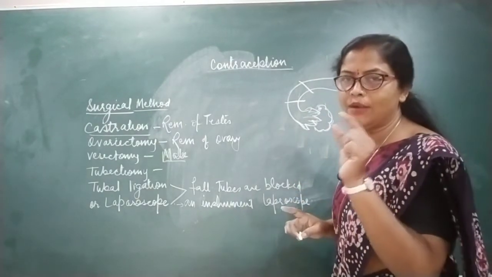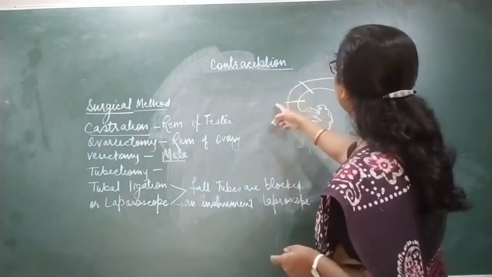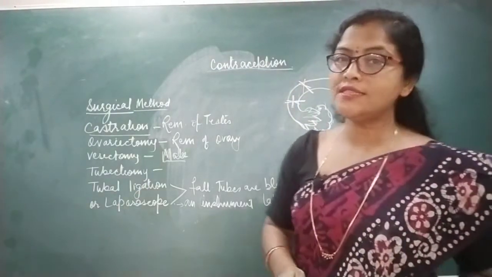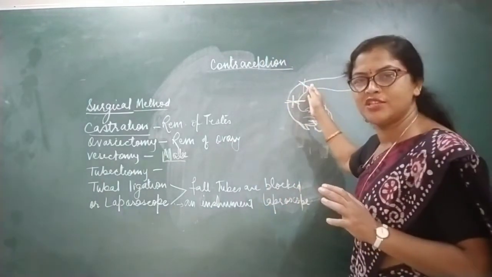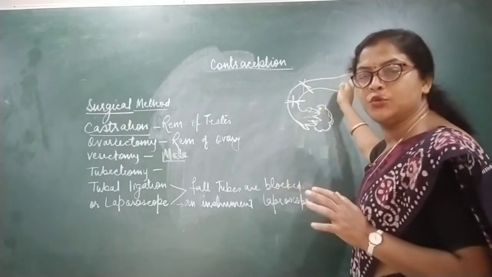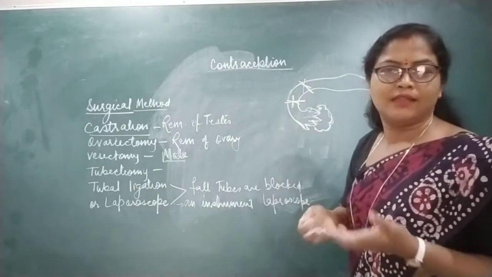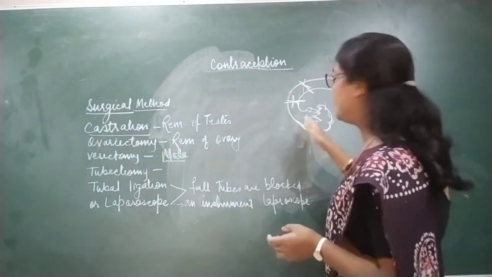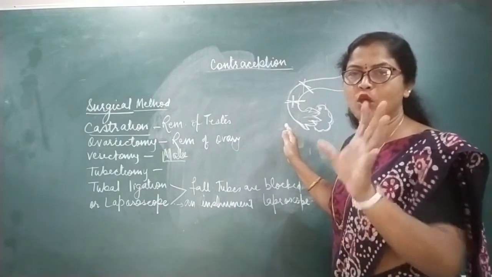A very small part of the fallopian tube is cut and removed, and a knot is tied here. Then what is done? Ovulation is stopped. Now there will not be any ovulation. The egg will not reach the end part of the fallopian tube, and obviously then no fertilization will take place. So this is how the fusion of gametes is permanently stopped.